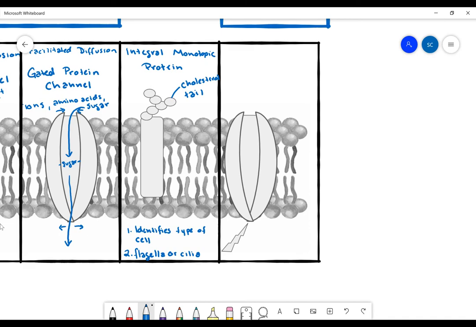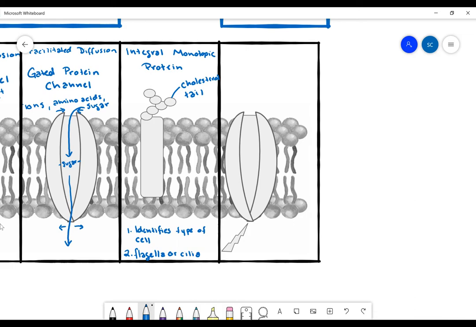Whereas cilia, usually kind of around the entire cell, you'll have these cholesterol tails, which form cilia, and so you'll have a bunch of them that'll surround the cell, and those cilia help it move, usually quite quickly. Okay, so again, flagella, usually one or two per cell, whereas cilia can be hundreds per cell.